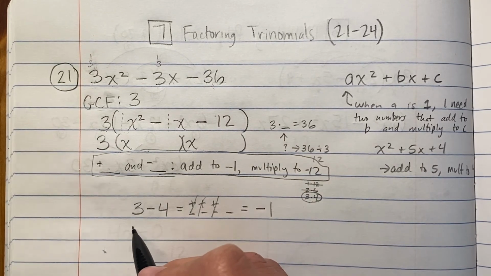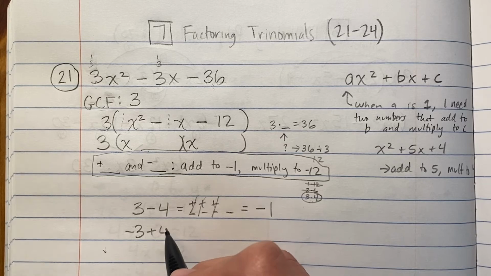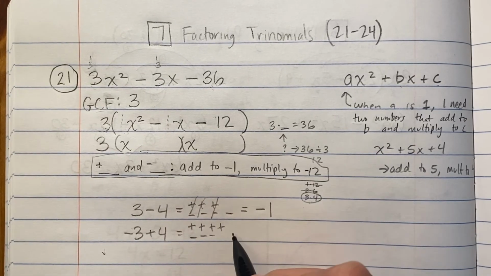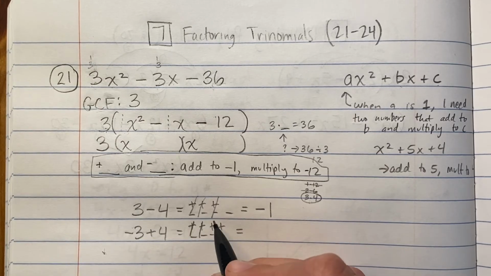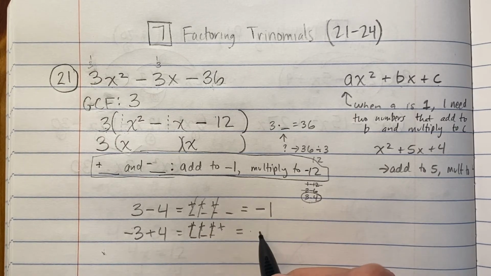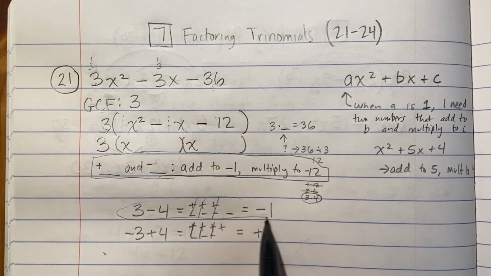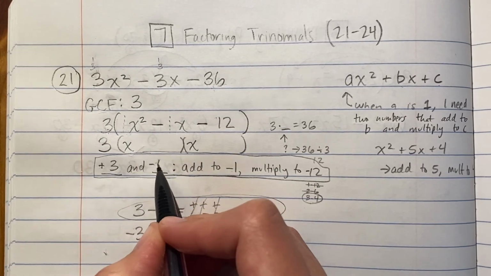Now if I had made 3 negative and the 4 positive, that would have been positive 4 and negative 3, and these would have canceled, and that would have left positive 1. So I want it to be negative 1, so I'm going to use positive 3 and negative 4.